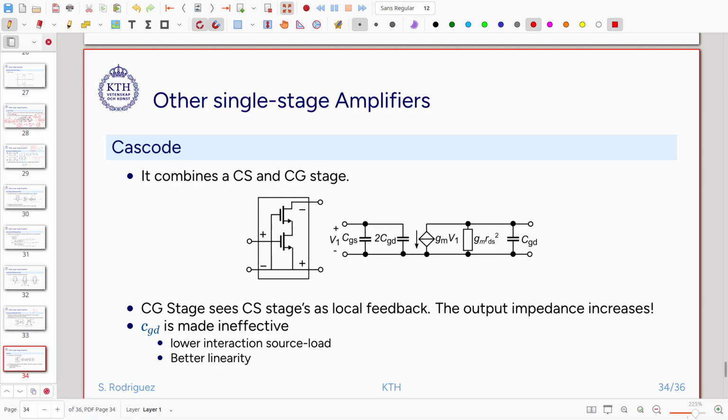I stack the transistors in this way, and what I am actually doing is stacking a common source transistor, this is a common source stage, and this is the input, onto a common gate.